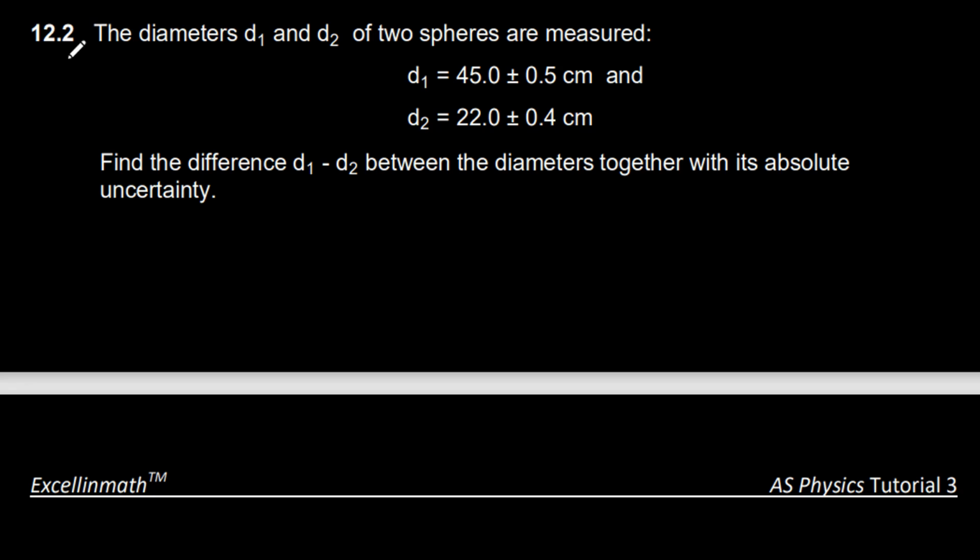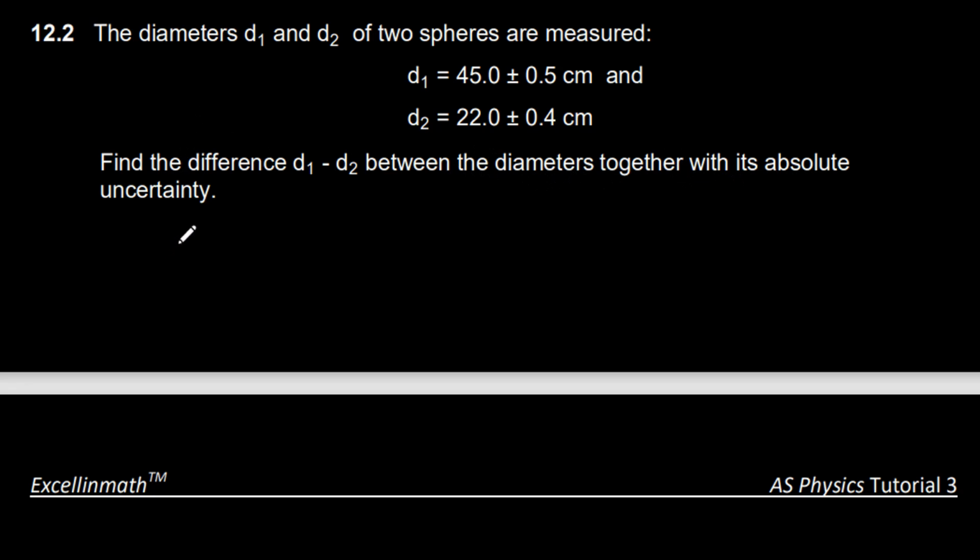In question 12.2, it says the diameters D1 and D2 of two spheres are measured. So we're given the measurements here together with their absolute uncertainties. Find the difference D1 minus D2 between the diameters together with its absolute uncertainty.